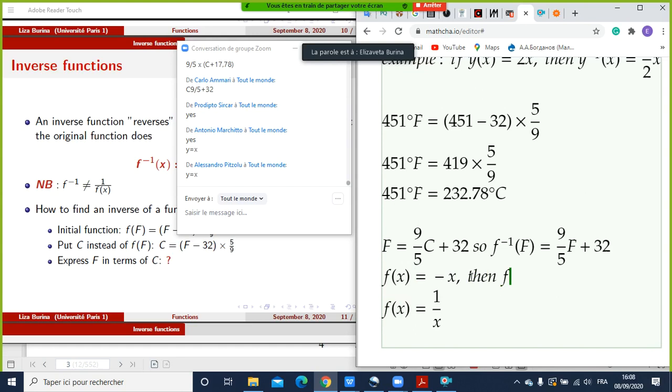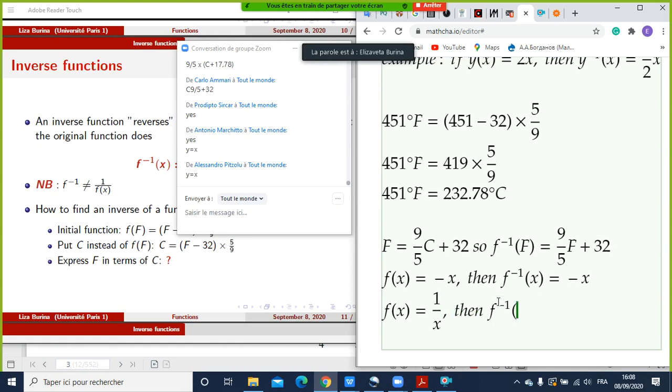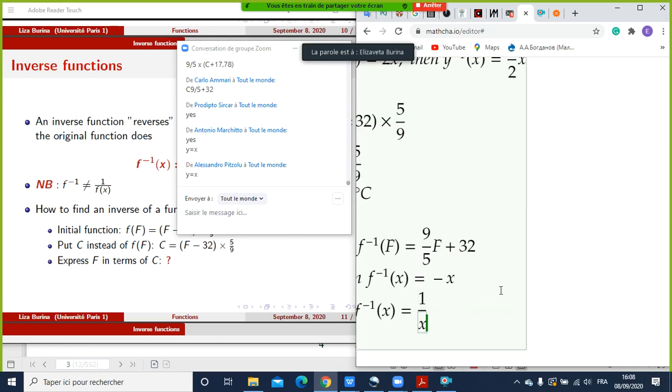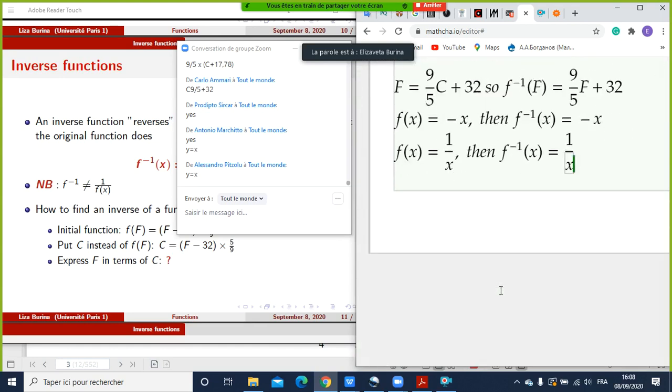Then f to the power of minus 1 of x, so an inverse, also equals minus x. And here, same, f to the power of minus 1, so an inverse of the initial f, is going to be 1 over x. Okay, cool, great.